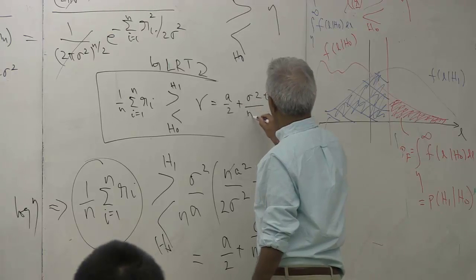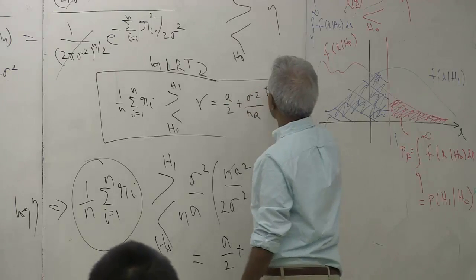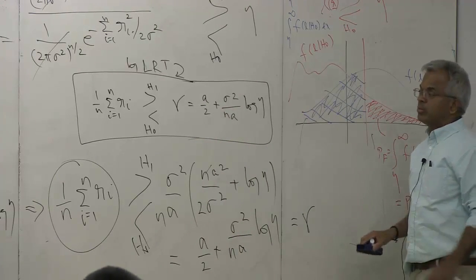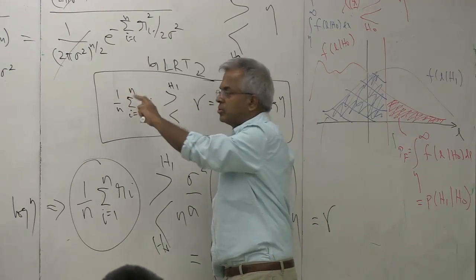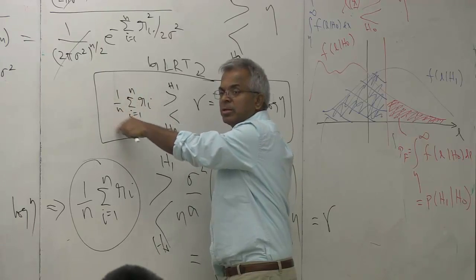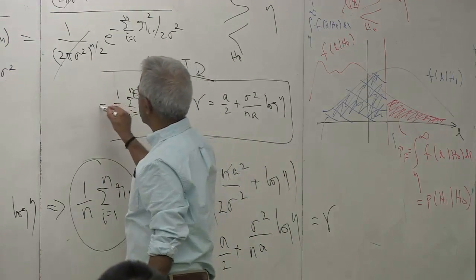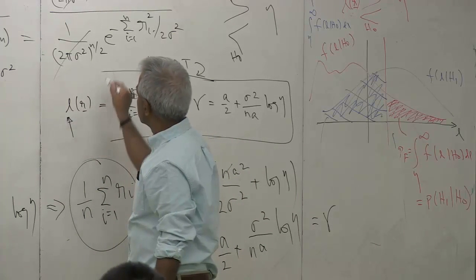I hope I did this right. So this is the optimum test. This is the simplest form of the data, what I was talking about earlier. So this must be your sufficient statistic in this case.